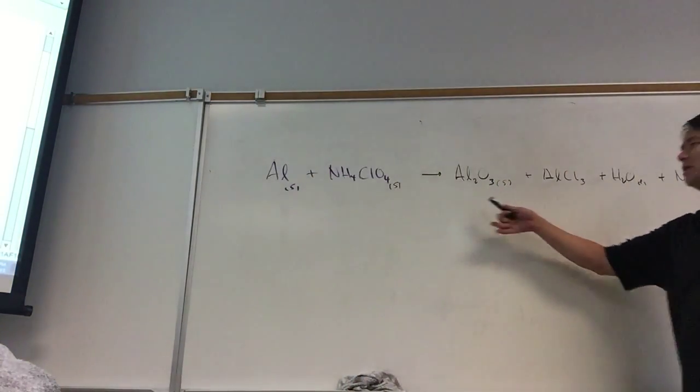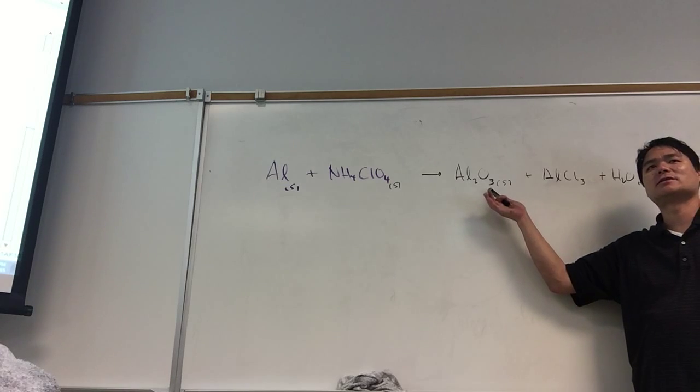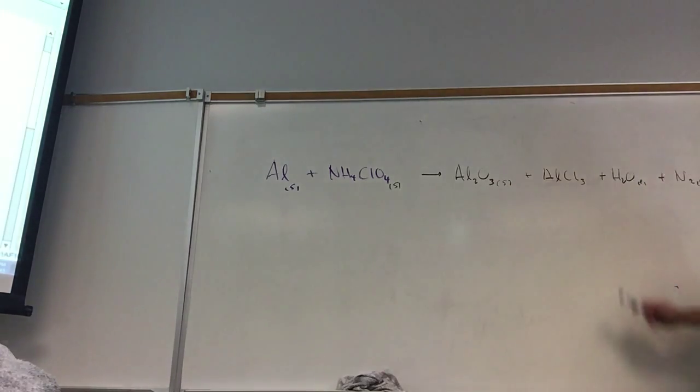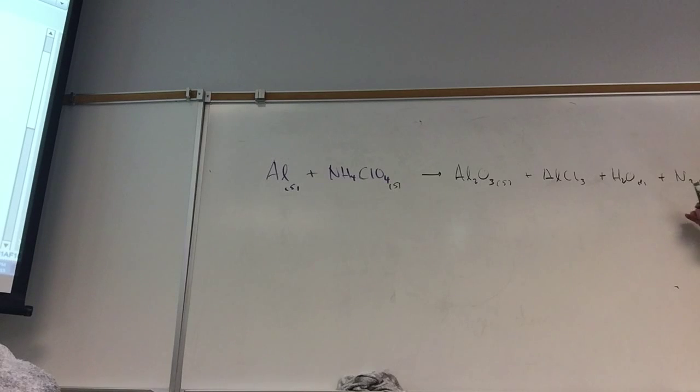Here it's not so hard because aluminum, when you oxidize that, is going to go to aluminum 3+, and then you have to figure out what anion you have. But why did the oxygen go there? Why didn't some of it go here? Why didn't we form some NOx in this? It just depends on the conditions. And so a lot of these you just mix together and see what happens. You do it small scale, of course, because you don't want a big explosion in case it does react violently.